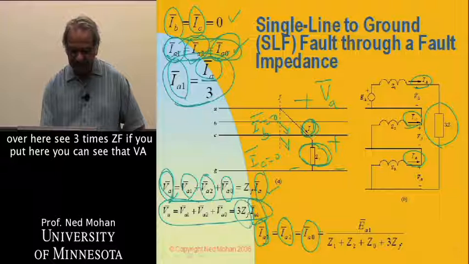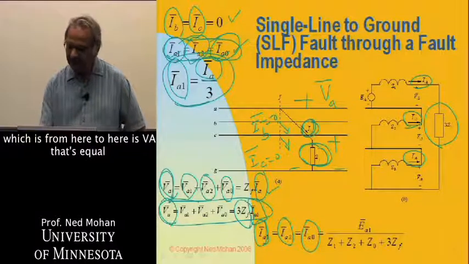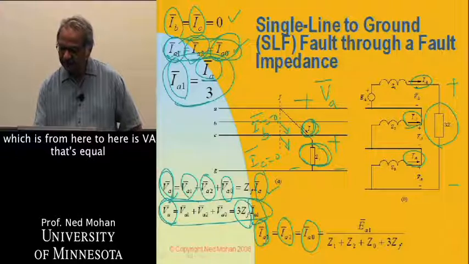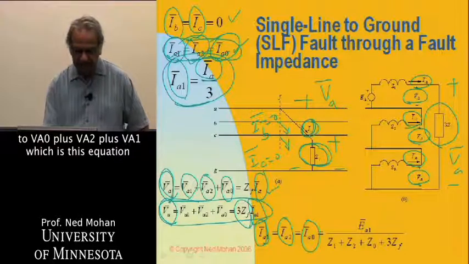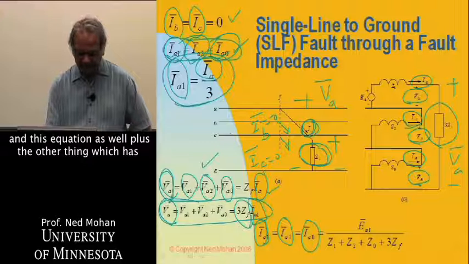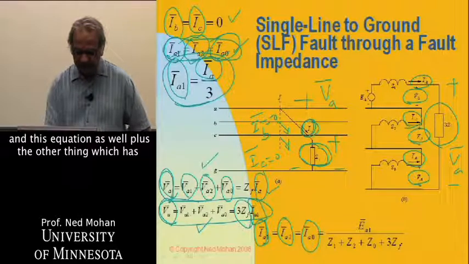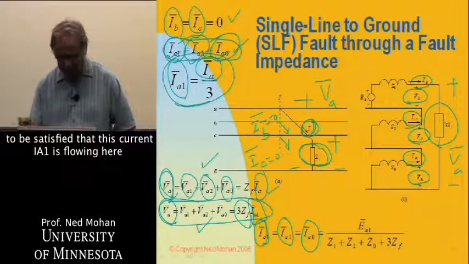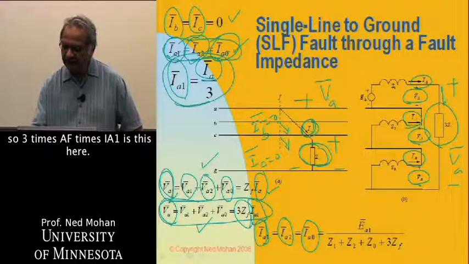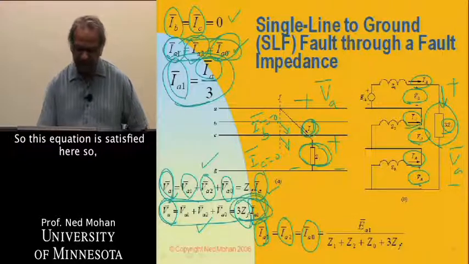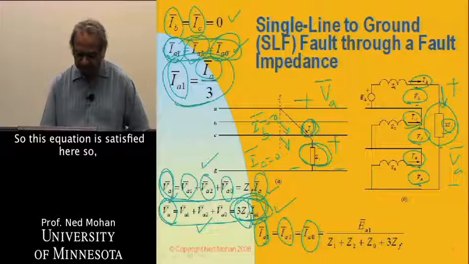See, if you put 3 times ZF here, you can see that VA, which is from here to here, is equal to VA0 plus VA2 plus VA1, which is this equation, plus the other thing which has to be satisfied, that this current IA1 is flowing here, so 3 times ZF times IA1 is this here. So this equation is satisfied.